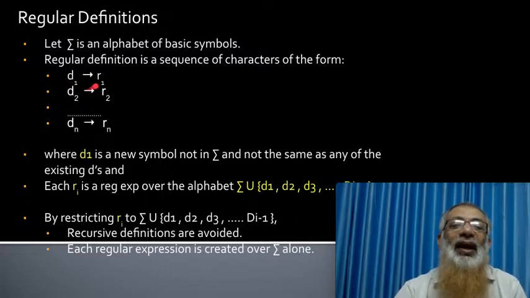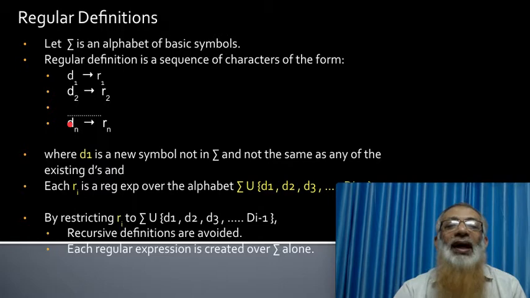You can see that all these R1, R2, Rn parts are our regular expressions. All Ri's, R1 to Rn, are regular expressions. Now, whatever we see here, these are symbols that are essentially names for each of these regular expressions, D1, D2, etc., Dn.